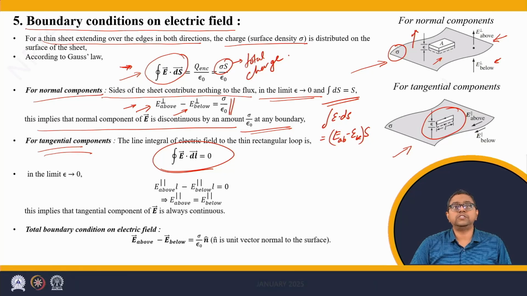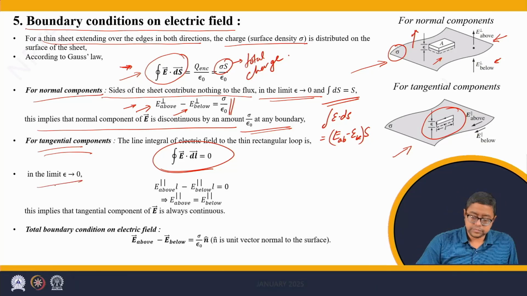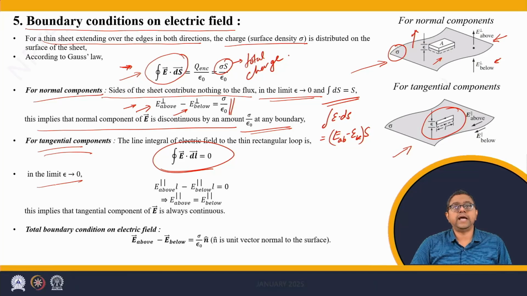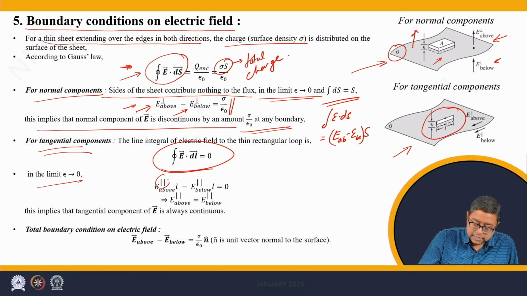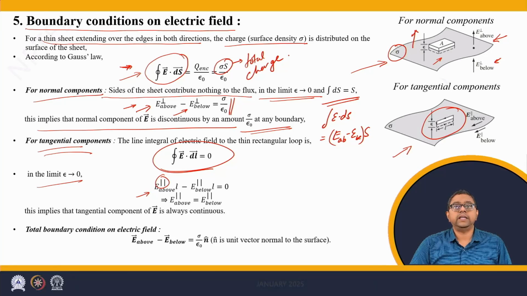The sides of this loop do not contribute to this integral in the limit epsilon tending to 0. Thus, the tangential components, indicated by this parallel superscript, are obtained as E parallel above times L minus E parallel below times L equals 0.